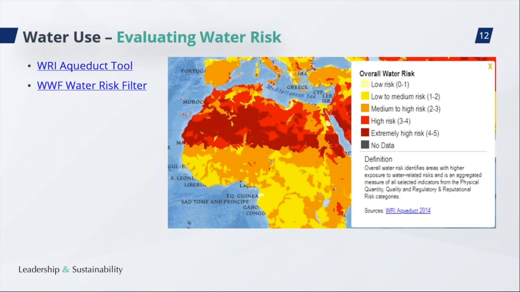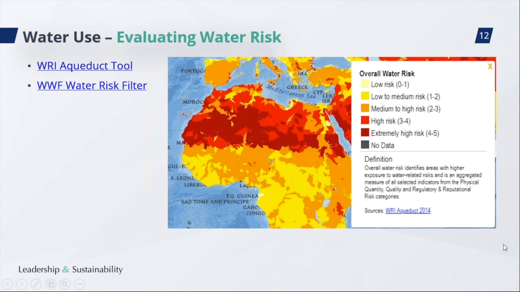And on the map here, you see an extract from the WRI Aqueduct tool. And you can see that, for example, the dark red means that there is an extremely high water risk. And a bit lighter red means a high risk, etc.